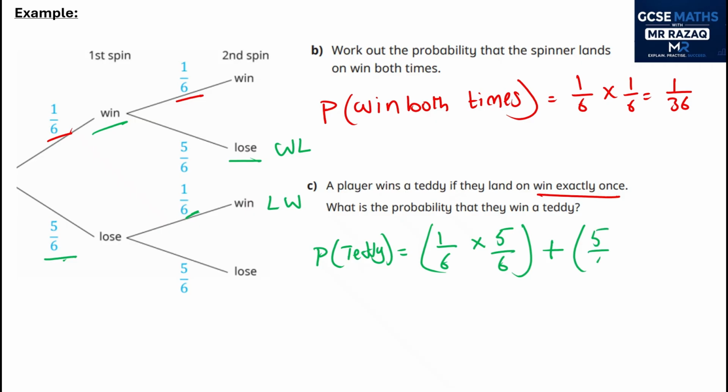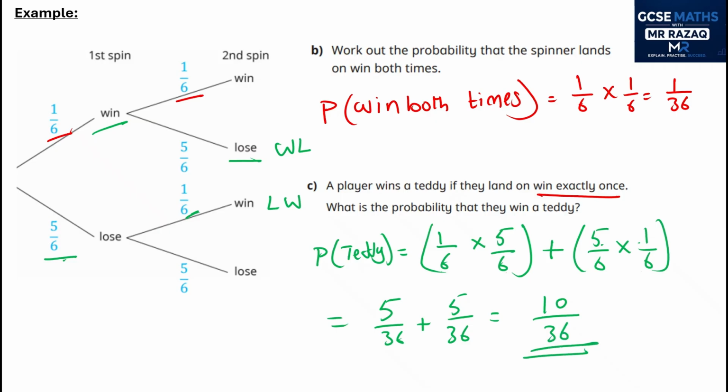Let's work out these probabilities. 1 times 5 is equal to 5. 6 times 6 is equal to 36. Plus 5 times 1 is equal to 5, and 6 times 6 is equal to 36. Add the numerators, which gives us 10 over 36. And that is my answer. You do not need to simplify in probabilities unless the question specifically asks you to.